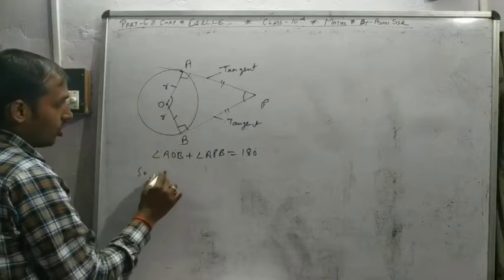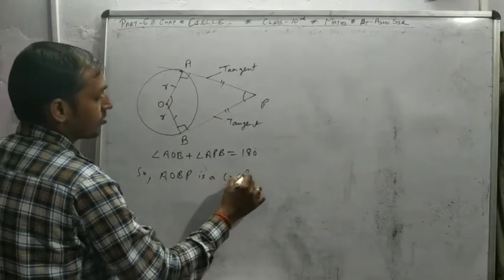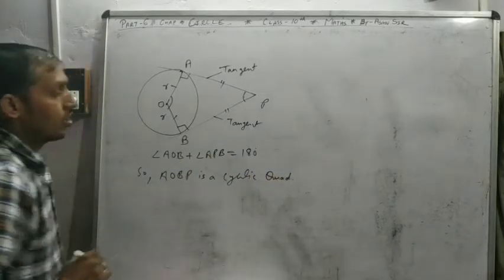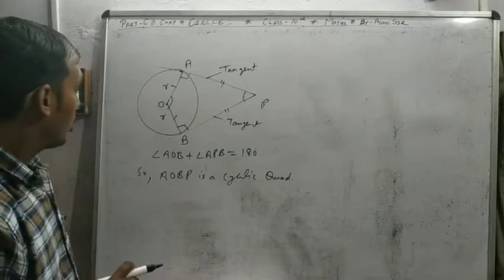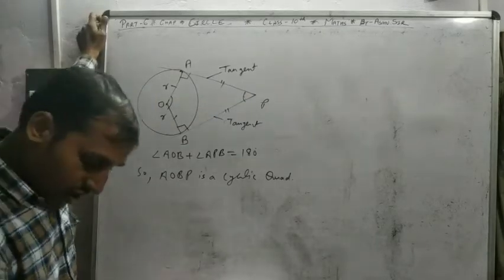So AOBP is a cyclic quadrilateral. But some students message me, sir, this point P does not lie on the circle, so why is it a cyclic quadrilateral?